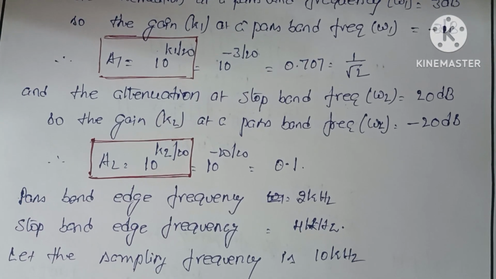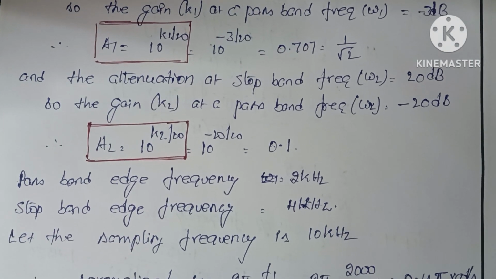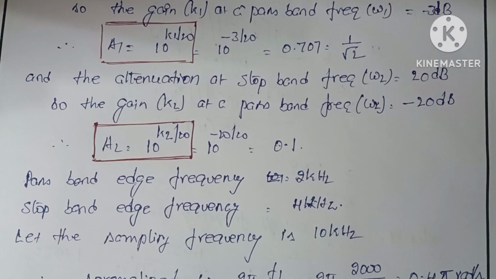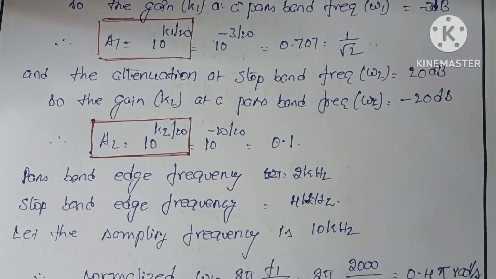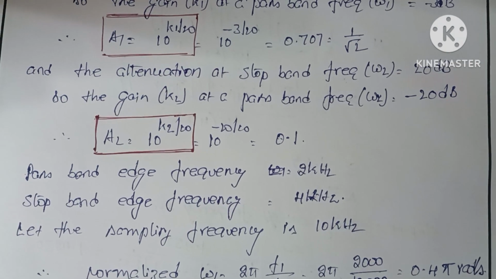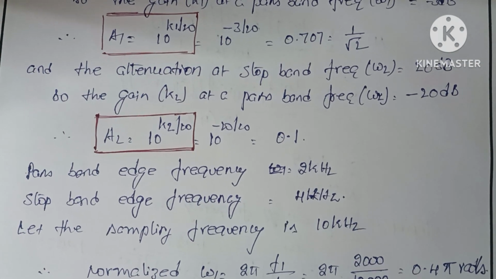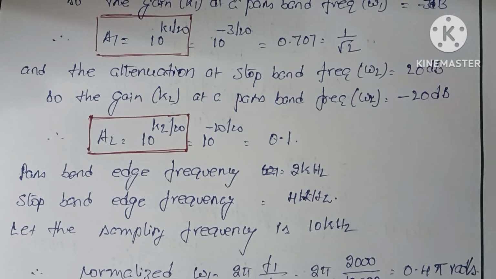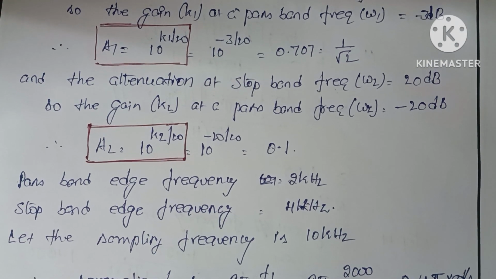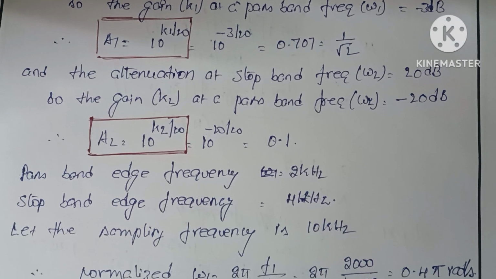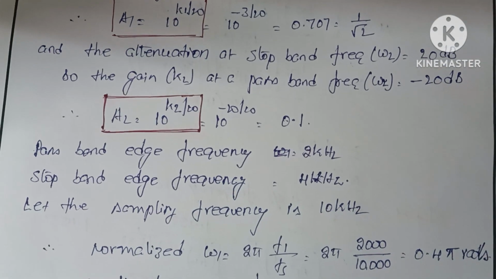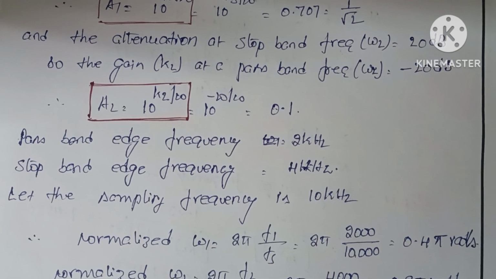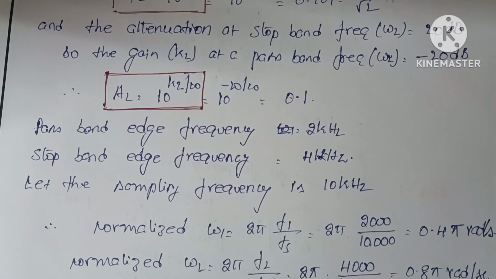Try to understand clearly: when attenuation is expressed in dB, it has a positive sign convention, and when gain is expressed in dB, it has a negative sign convention. From that we get the normalized gain A2 equals 10 power K2 by 20, 10 power minus 20 by 20, which equals 0.1.